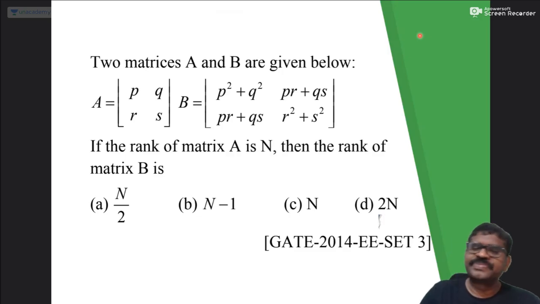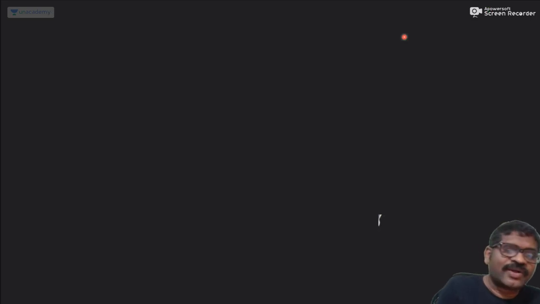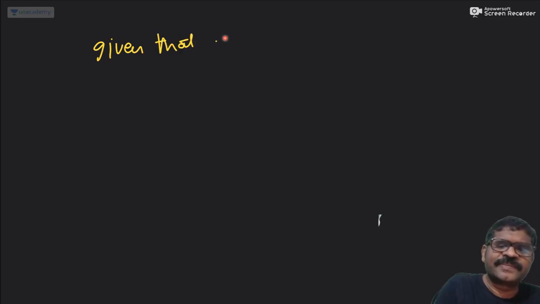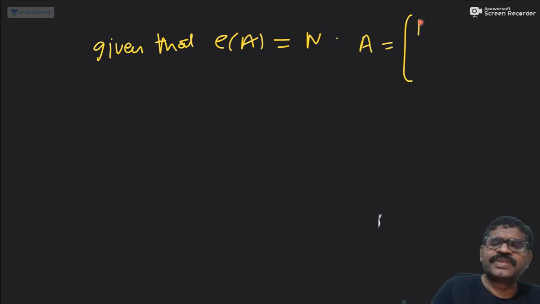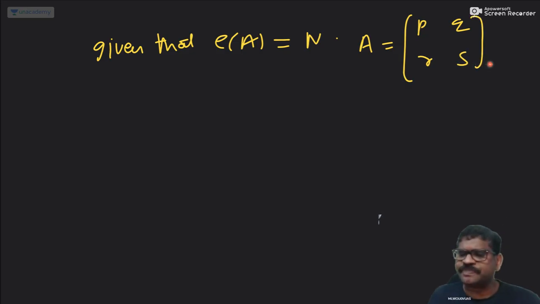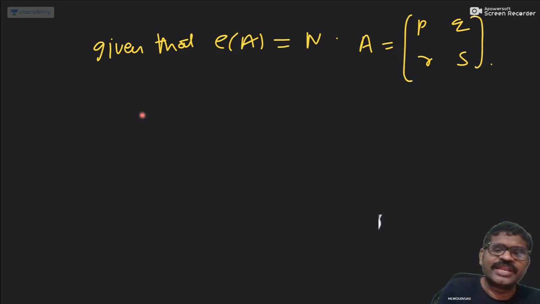Very good. Same concept. Given that rank of A is n, where A is [[P, Q], [R, S]], I am going to calculate A into A transpose.